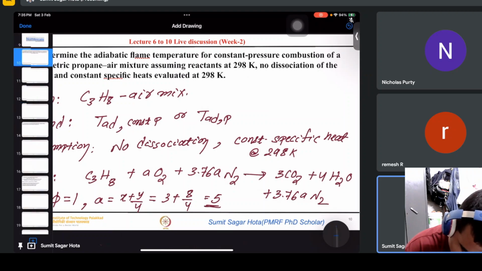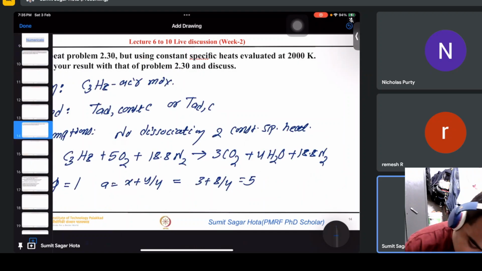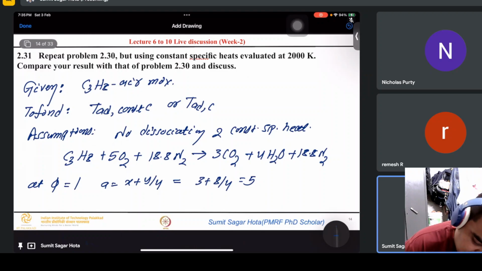It is clearly mentioned that the specific heat is evaluated at 2000 Kelvin. But the only change in this question is that for constant specific heat and the constant pressure case, both ways, the procedure is absolutely the same.